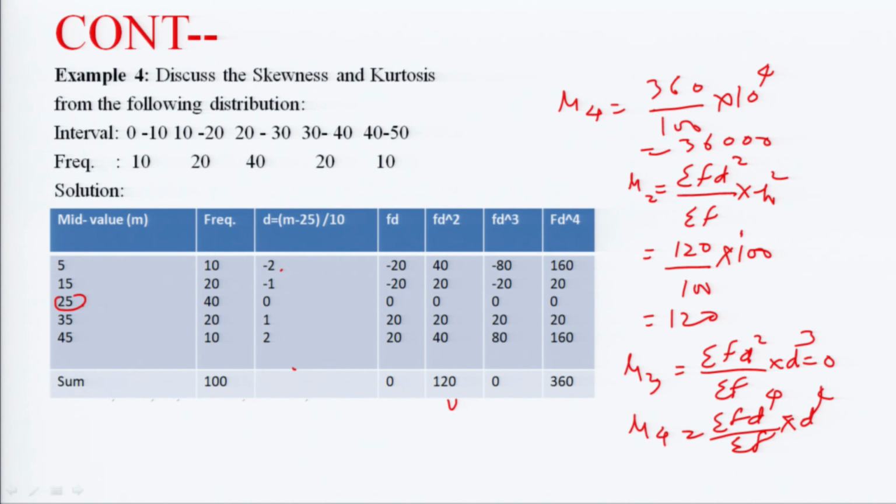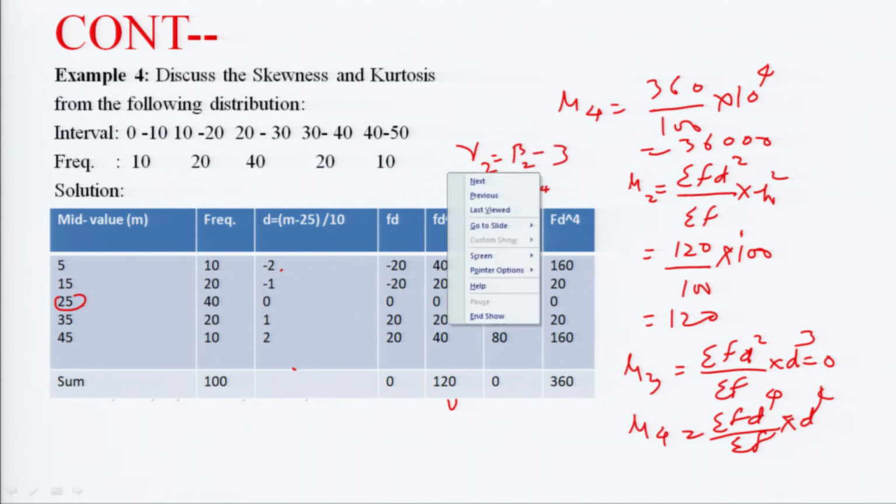Since mu 3 is 0, skewness is 0. Gamma 2 is equal to beta 2 minus 3, which means mu 4 by mu 2 square minus 3.